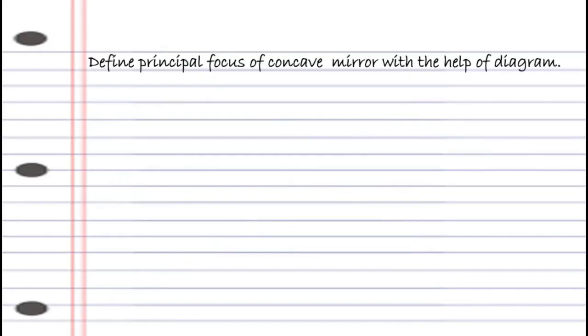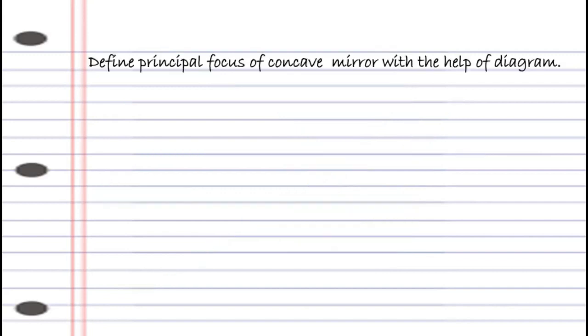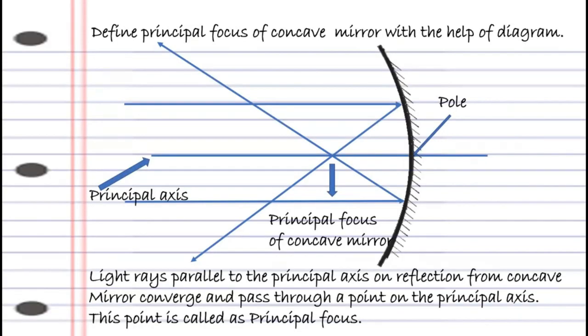Suppose a question is: define principal focus. What you have seen in the previous slide is the principal focus. And if the question is define principal focus of a concave mirror with the help of a diagram, then you have to draw the same diagram and write at the bottom, as you can read here: light rays parallel to the principal axis. These two are the light rays which are parallel to the principal axis.